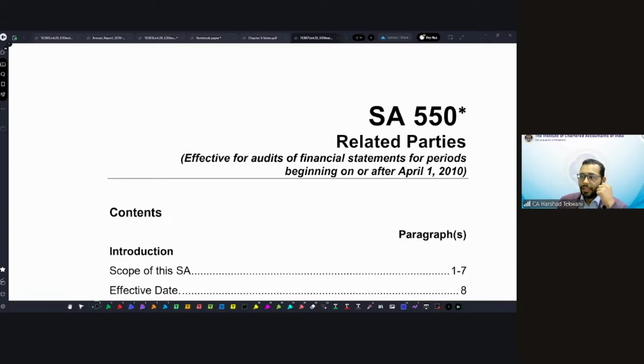Who is the related party? Sir, related party, the party as defined in the financial reporting framework. First, we need to check that. And what would be the financial reporting framework in this scenario? Let's say, for example, a company. How will you define a related party for a company?